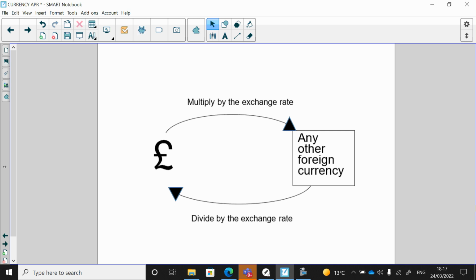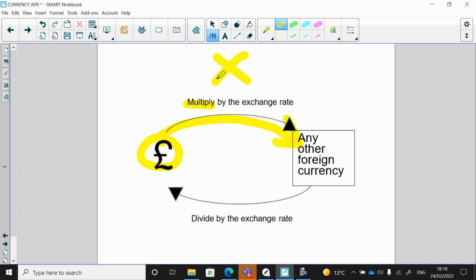And the way we operate here is we have an exchange rate. If we're going from pounds sterling to another currency, we multiply by whatever the exchange rate is.